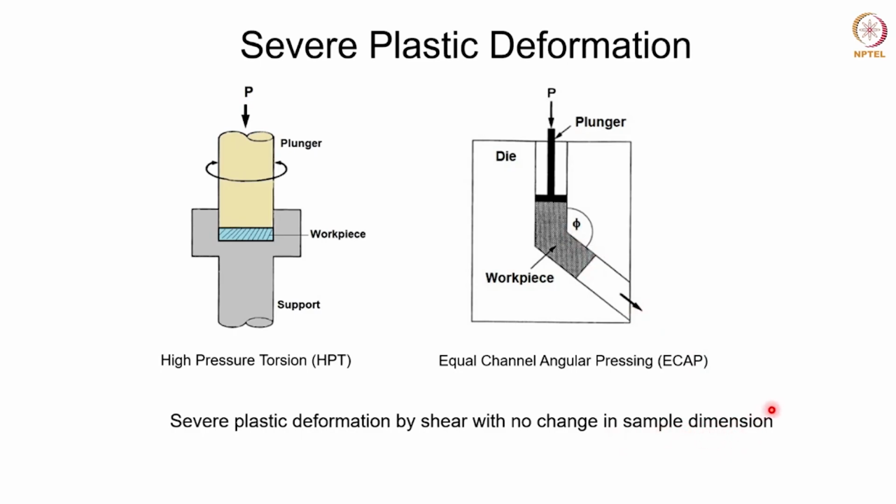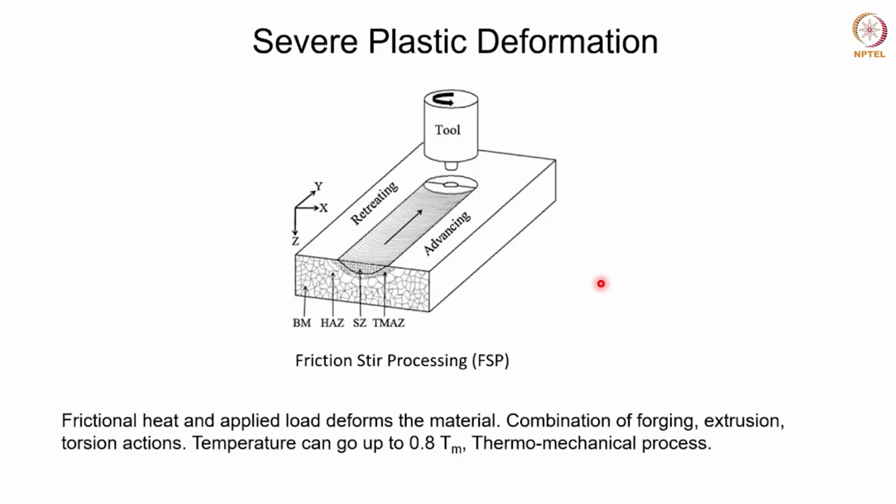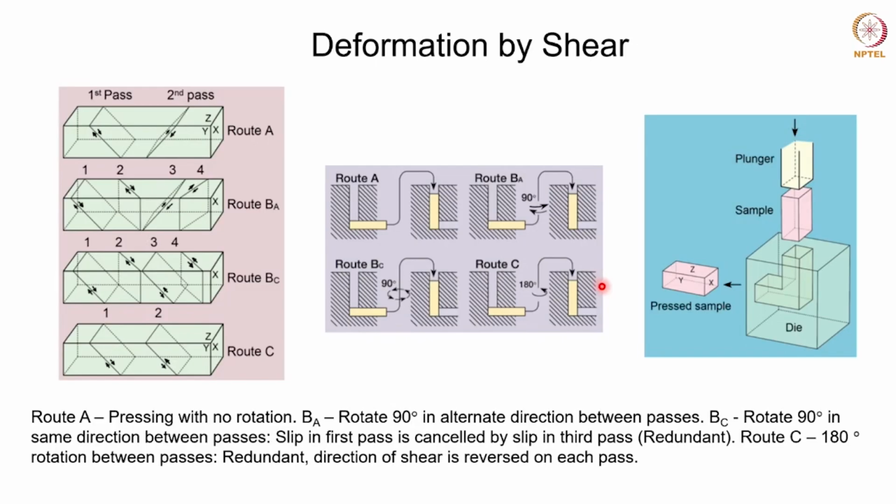Now let us see what is going to happen due to this kind of deformation that the material is subjected to in a die like this. As far as this ECAP process is concerned, there are different routes or different ways in which the workpiece can be deformed inside the die, and that depends on whether it is rotated between the passes.